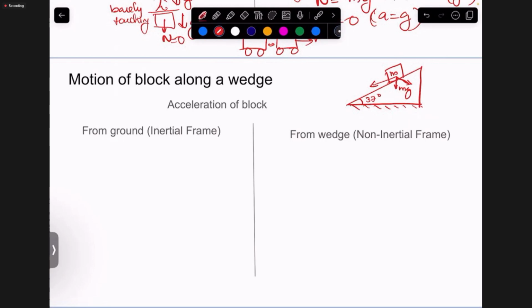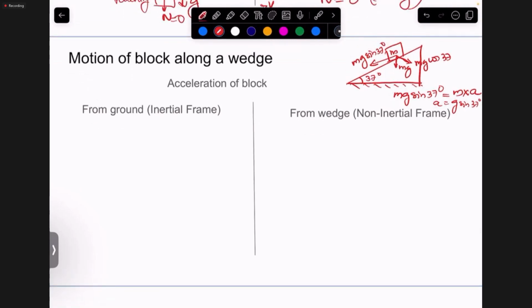The vertical component will be mg cos 37, and the parallel component will be mg sin 37. This force is what is accelerating this block downwards. So mg sin 37 is accelerating this block with an acceleration a, so a is g sin 37 degrees.